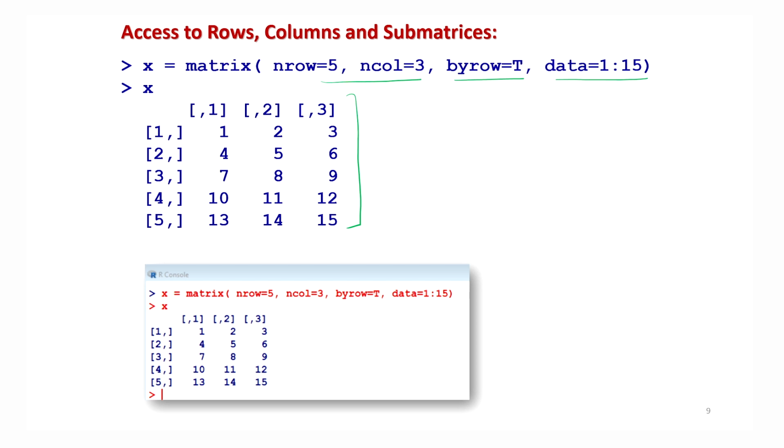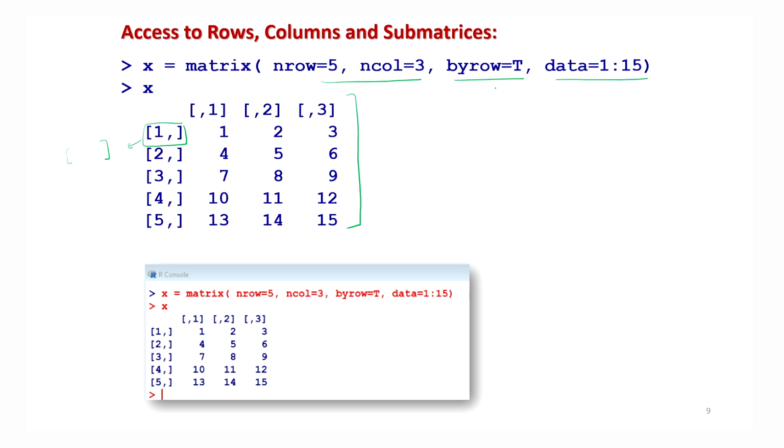Now, as I explained earlier, you have to observe how the rows and columns are indicated here. Suppose this is your first row. The first row is indicated by writing the square brackets, and then this is the first row.